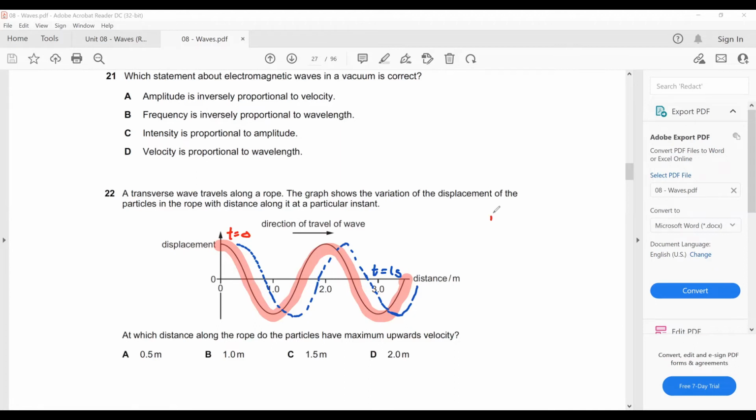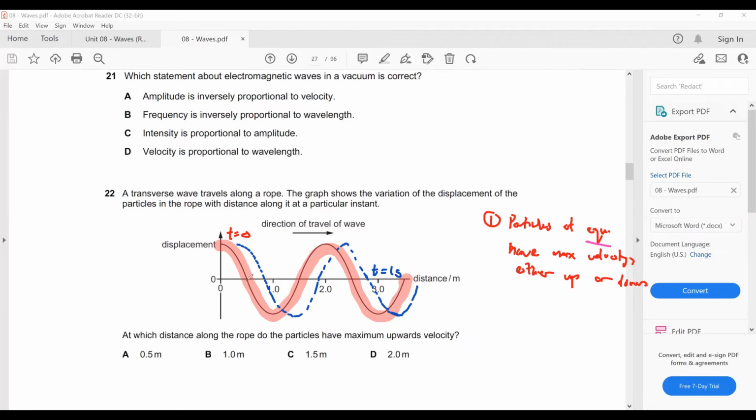So just now I wrote a little statement here. I mentioned to you that particles at equilibrium have maximum velocity either up or down. So I mentioned it will always be at the equilibrium position.